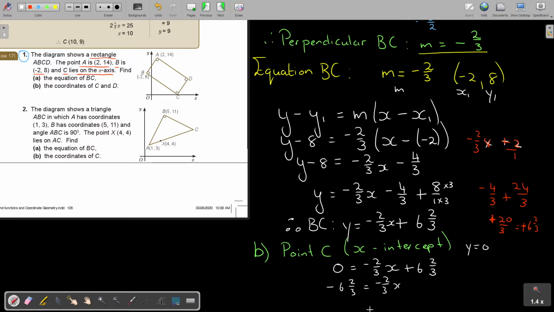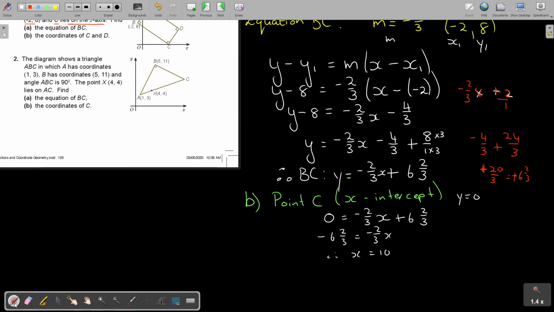Okay, so it's going to be negative 6, ABC 2, ABC 3, divide, it's again negative, and negative 2, ABC 3 equals, and what do I get? 10. So therefore, x is 10. So basically, the point C, I'm going to say therefore, C, and don't forget it's the x value, so it's 10 and 0.